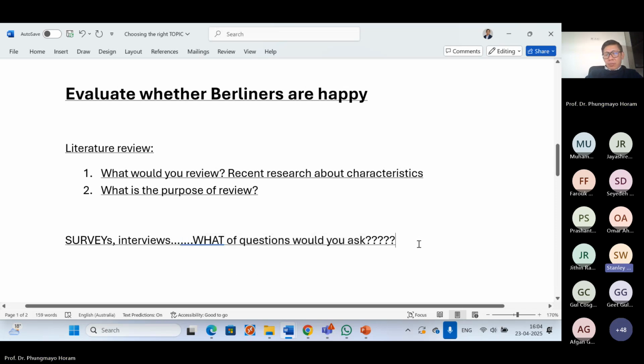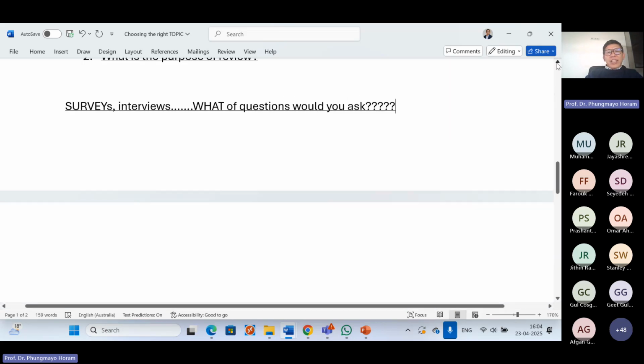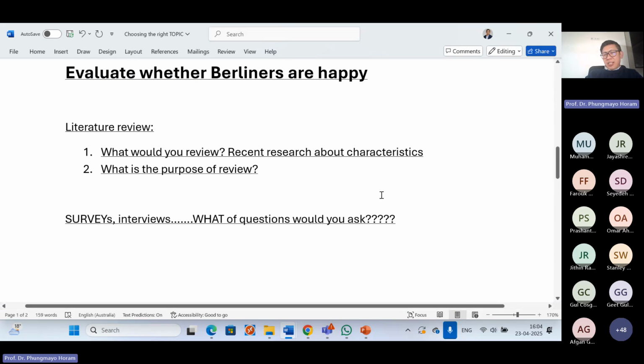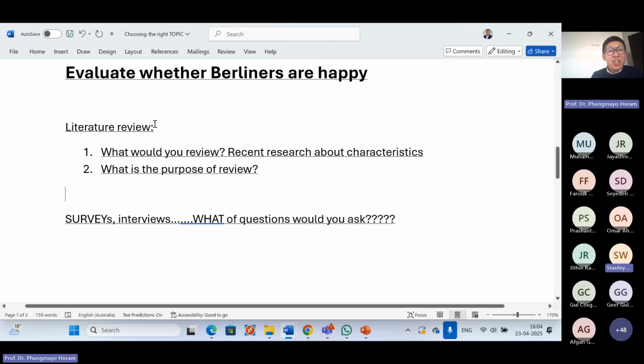Professor, don't you think the question is too broad? Yeah, it could be too broad. We're taking this just for simplicity's sake, to understand literature review.